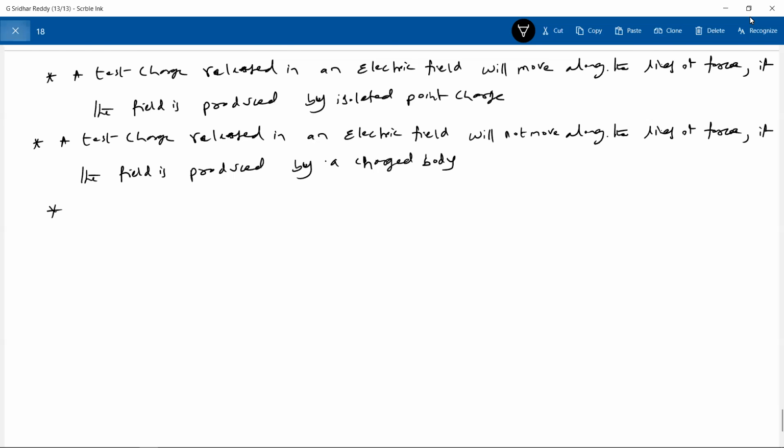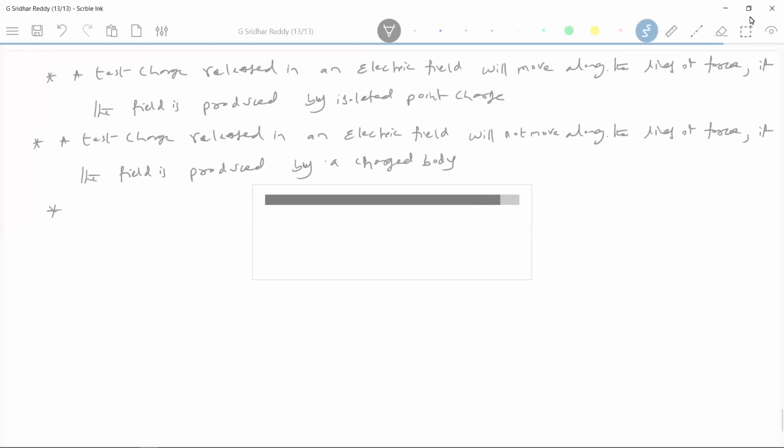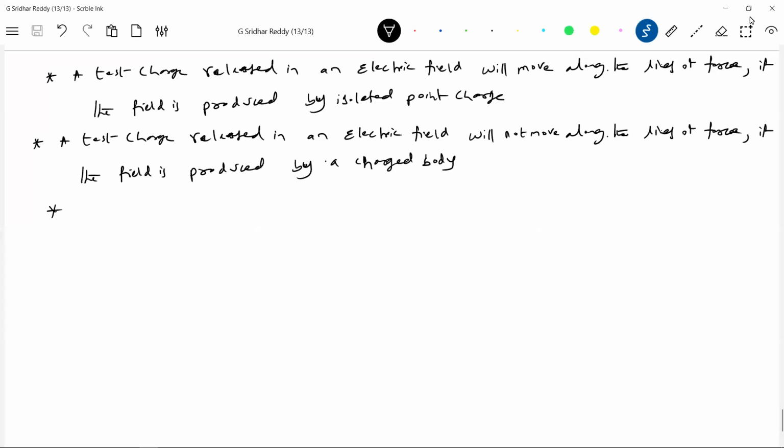Okay, now the other conditions regarding lines of force: two lines of force should not intersect.